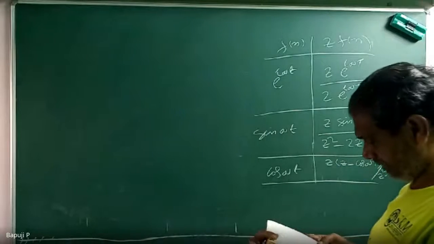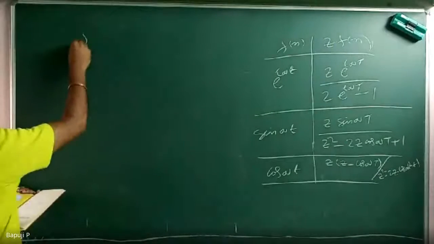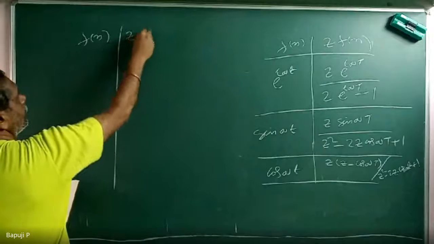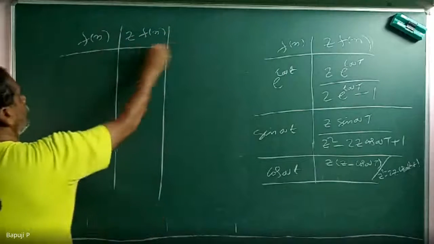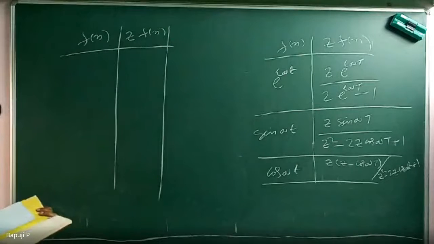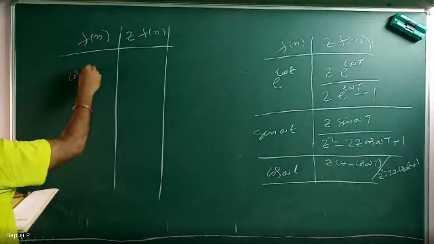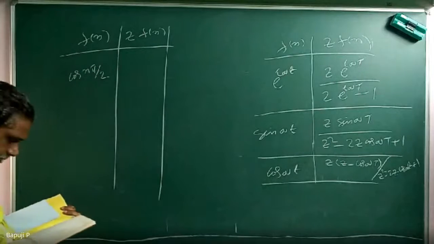Cos a theta. Then this is also a very, very important formula. Cos n pi by 2, how can I write?